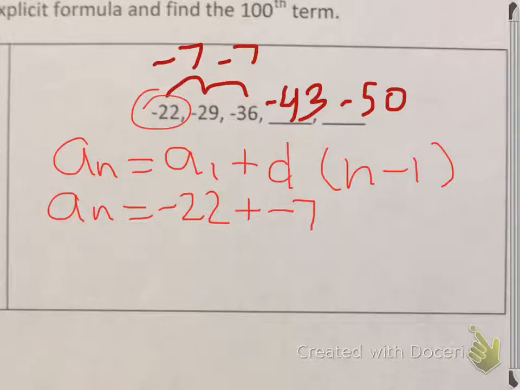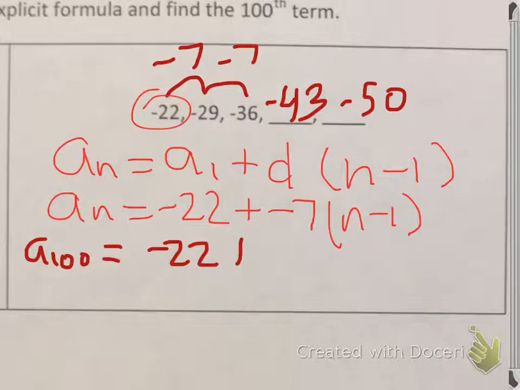And you don't necessarily have to have that plus sign there, but I wrote it, so I'm just going to leave it. And then times n minus 1. I'm finding the 100th term, so I'm going to find a sub 100. So negative 22 plus a negative 7 times 100 minus 1.